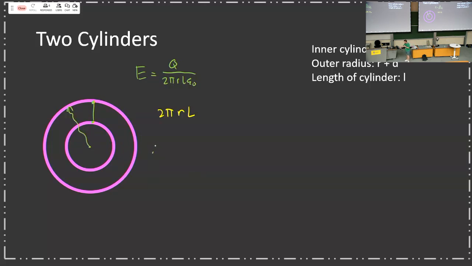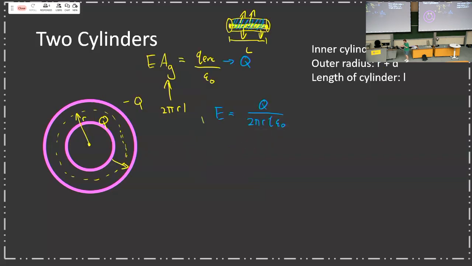So we're going to say the voltage between the 2 points, delta V, is equal to the negative integral of E dot dr. We know it's just moving along the radial direction, so we're not going to bother with ds equals dr. Importantly, the limits on this integral are from the inner cylinder, and I'll use big R to differentiate it from the variable r, from the radius of the inner cylinder to the radius of the outer cylinder.